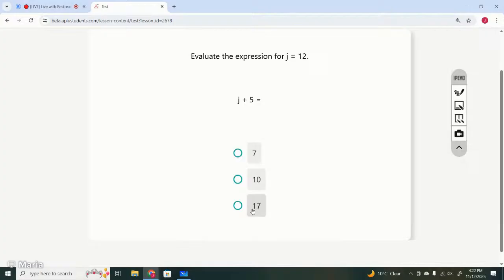Evaluate the expression for j equals 12. So which is the correct option?